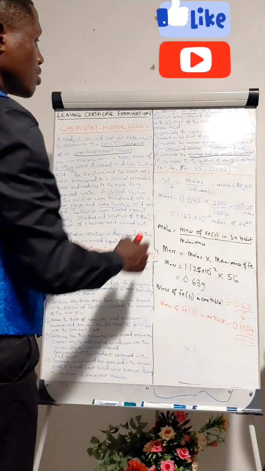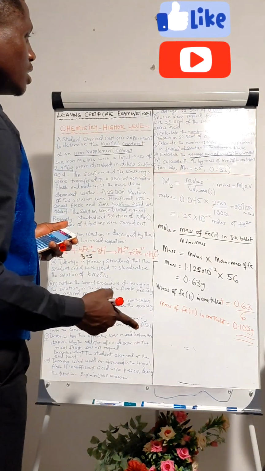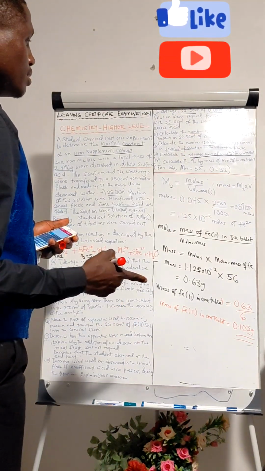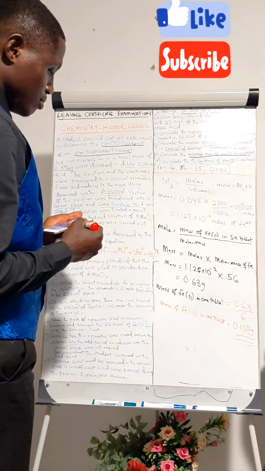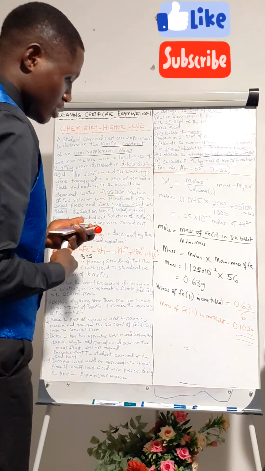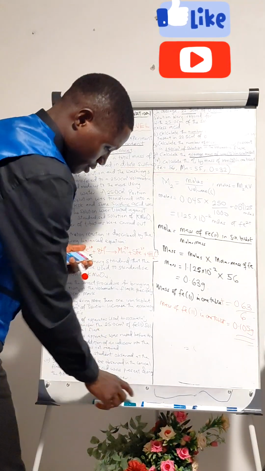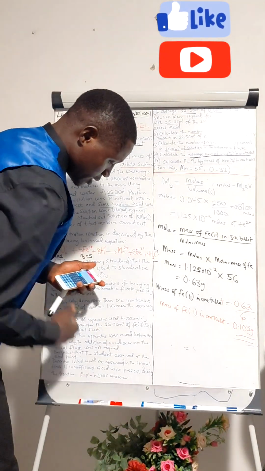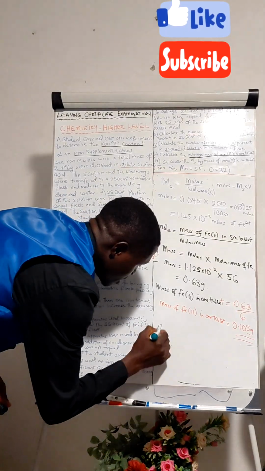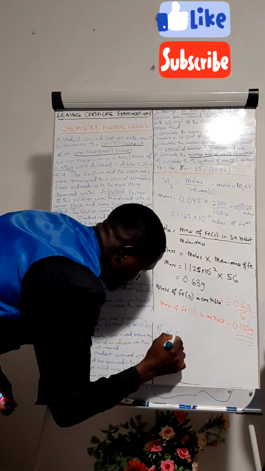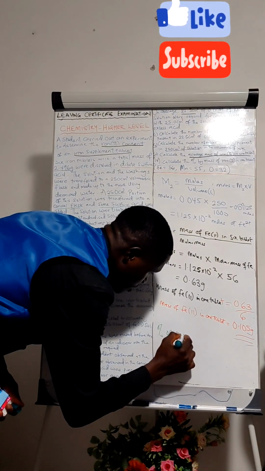So the question asks us to calculate the percentage by mass. Calculate the percentage by mass of iron 2 in one tablet. That one is very simple. Percentage by mass, which is the final step now.